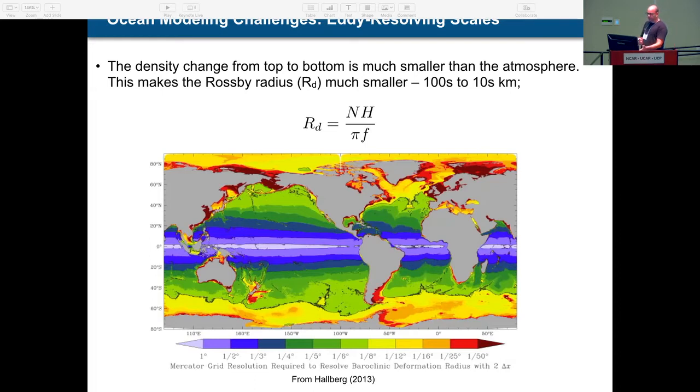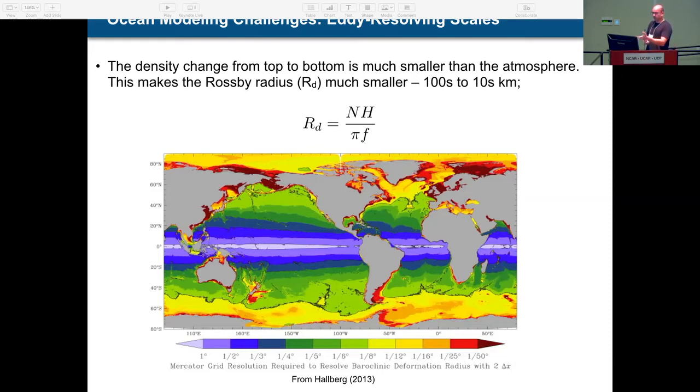At the equator, it is on the order of 1/2 of a degree, and that's really showing here. The radius is about 2 delta x, so two times the grid spacing. And in reality, we need at least six times. So you need within 1 radius of deformation, 6 grid points in order to resolve the mesoscale phenomena well. So it's even worse than what's shown here.